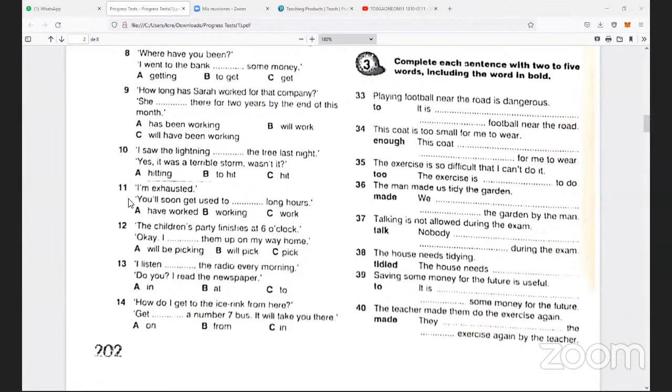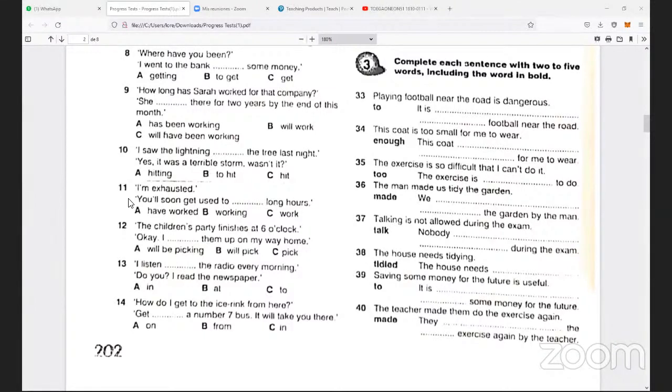I listen to the radio every morning. Yeah, okay, perfect. 14. Get on a number 7 bus. I will take you there.